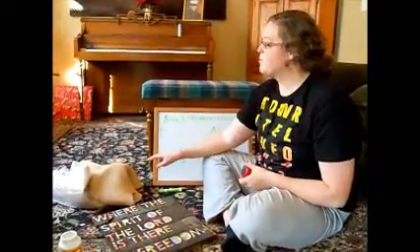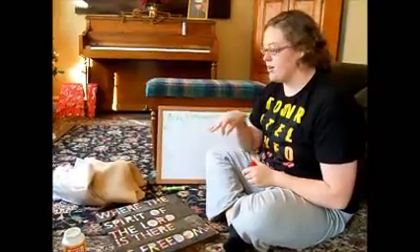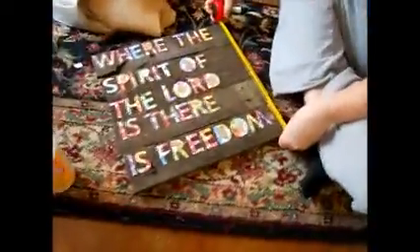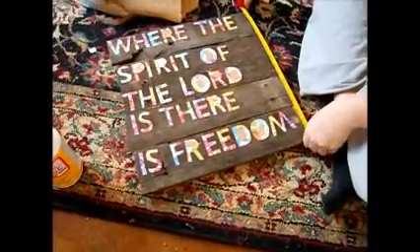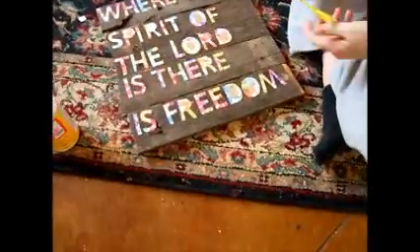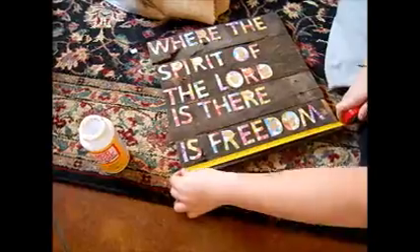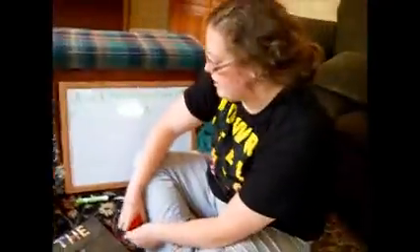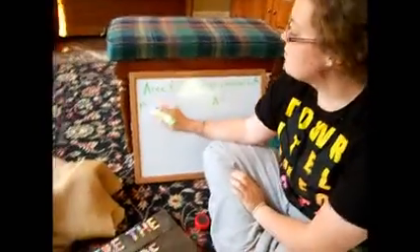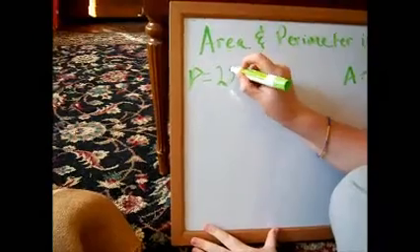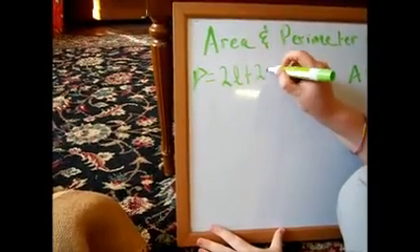So I'm going to make a burlap border around it. To do that, I need to know the perimeter of it. So first, I'm going to measure the sides of the figure. This side is 15.5, and this one is 15.5. So we have a square. We need to remember that our perimeter equals 2 times the length plus 2 times the width.